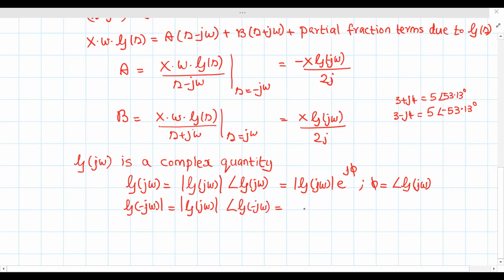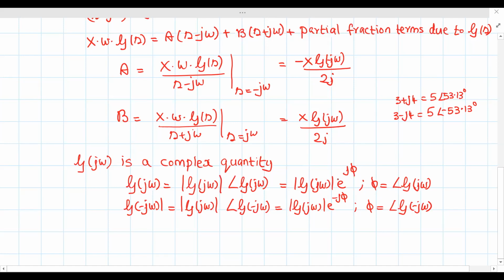In polar form, I can write mod g of j omega e raised to minus j phi, where phi is the angle of g of j omega. So instead of g of minus j omega in the A expression, I can put this expression, and instead of g of j omega in the B expression, I can put this.